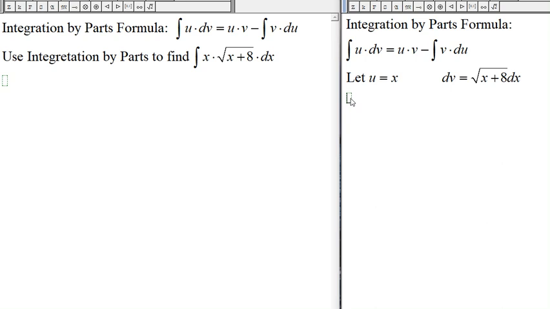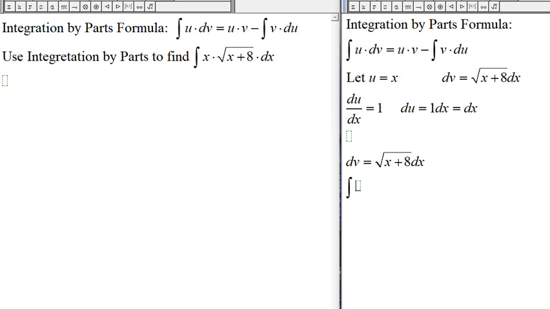From here, the derivative of u with respect to x is 1. So we have du equal to 1 dx, or just dx. And then we have dv equal to the square root of x plus 8 dx.